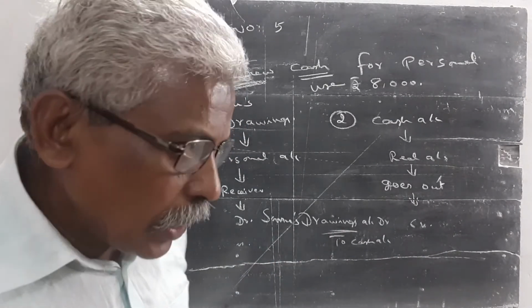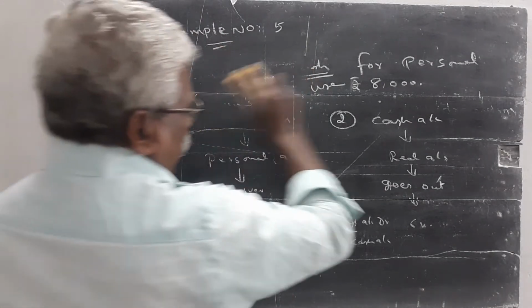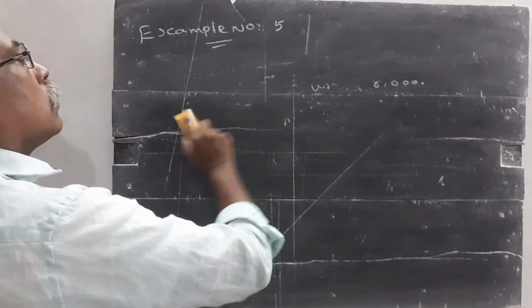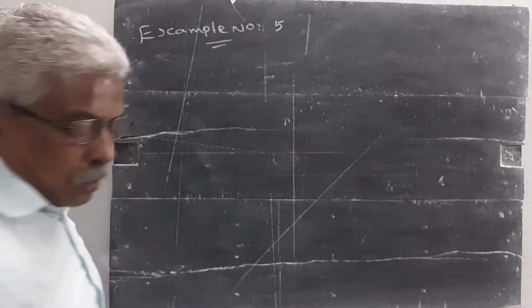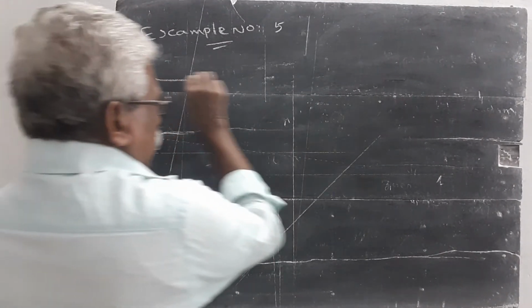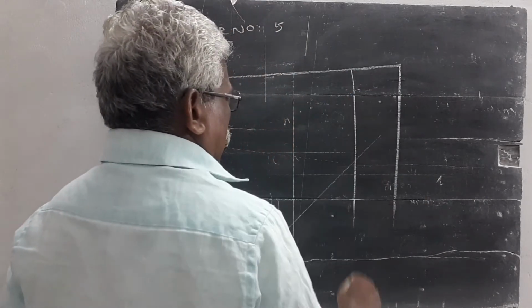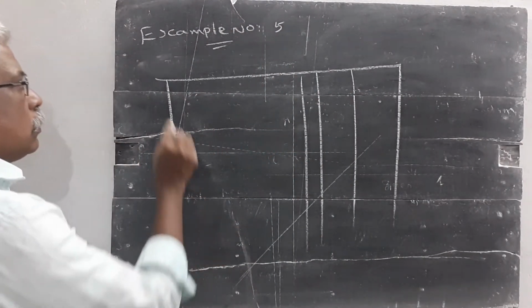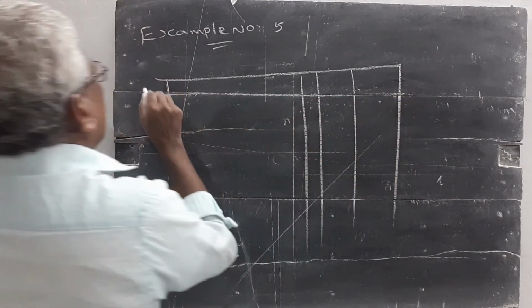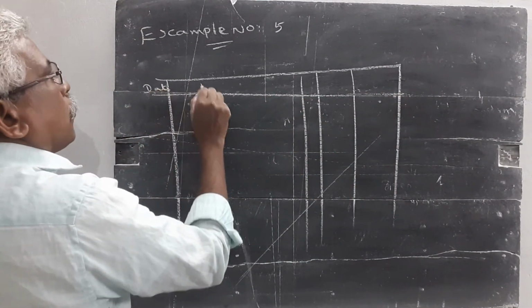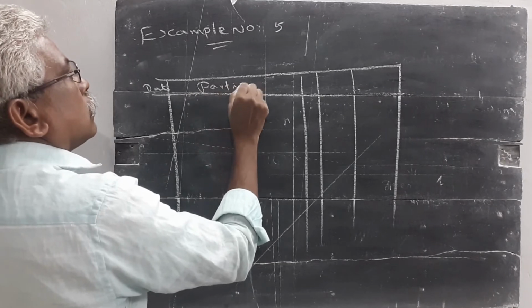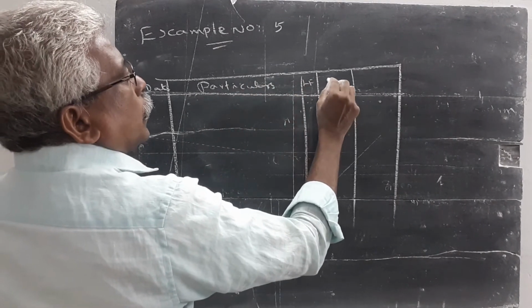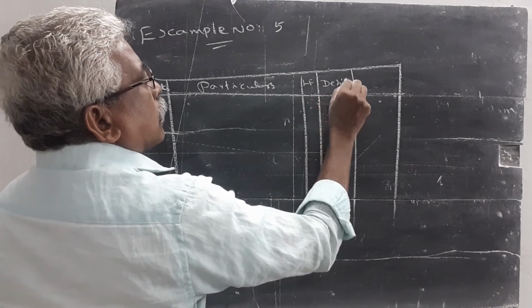How do you write in the journal? Draw 5 columns. This column is the date column, then particulars, ledger folio, debit, credit.